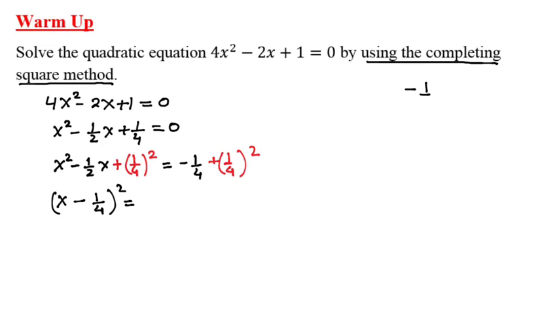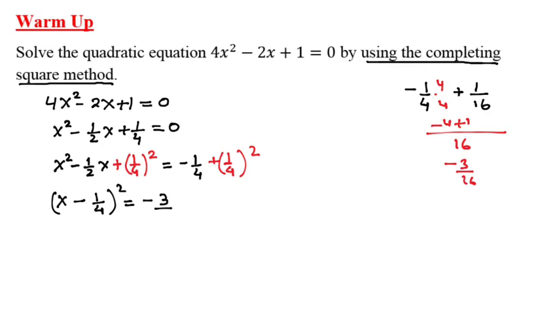You have negative 1/4, then plus 1/4 square, 1 squared is 1, 4 squared is 16. In order to add this, we make a common denominator of 16, so we multiply here by 4. So 16 is the common denominator. In the numerator, we have negative 4 plus 1, which is equal to negative 3 over 16.